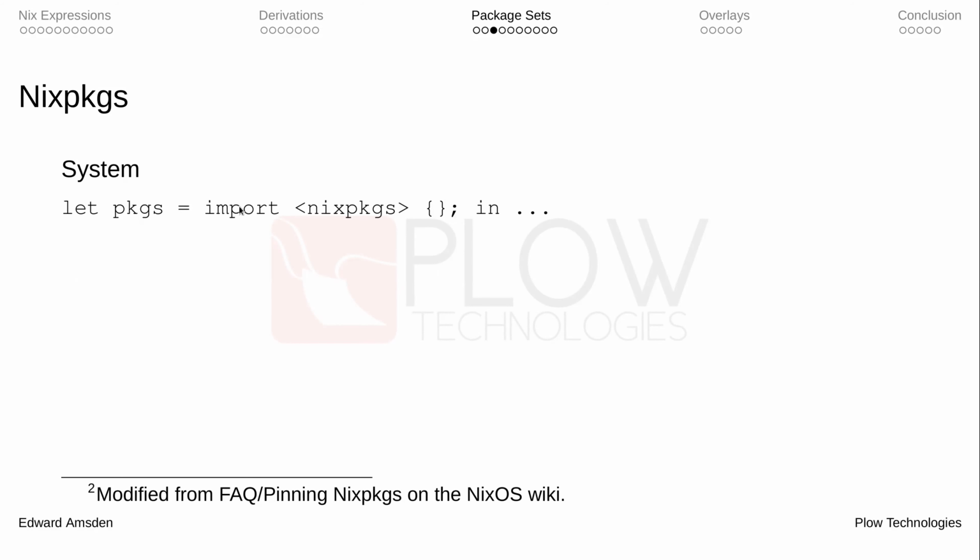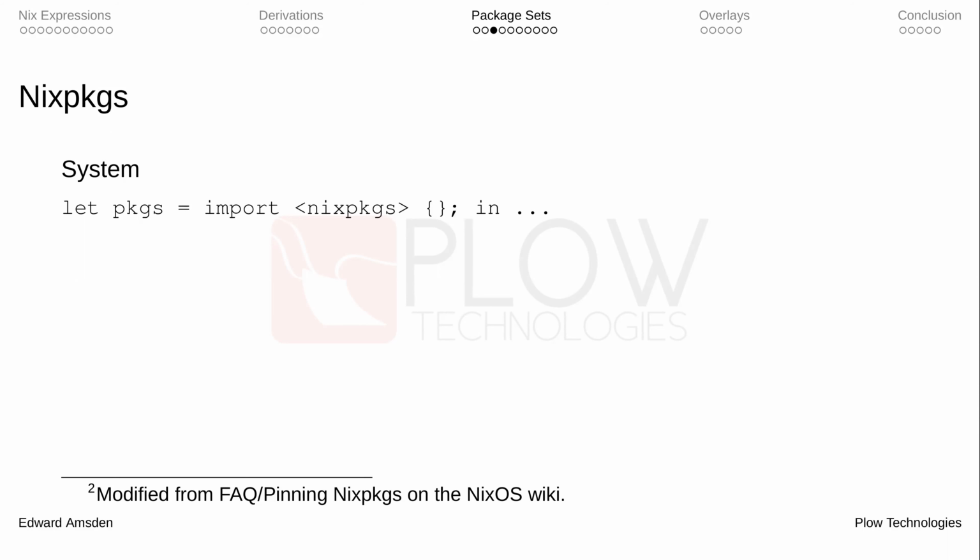But it says take this file path and read it as a Nix expression. Then the Nix packages set takes an attribute set argument before it gives you back the set of packages, and that's where you pass in configuration and other things. By default, you can just pass in the empty set.